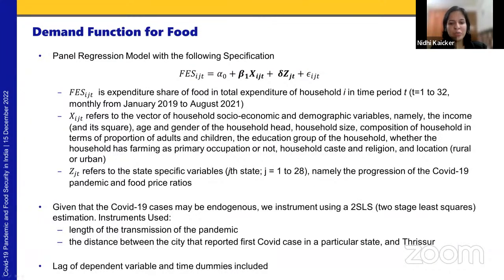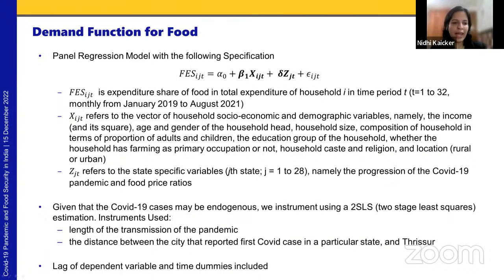Z refers to the vector of state-specific variables, the jth state going from 1 to 28, and namely, these are the food price ratios, which Aashi just described, and the progression of the COVID-19 pandemic, which has been measured by using the number of cumulative cases at the end of each month in a state.